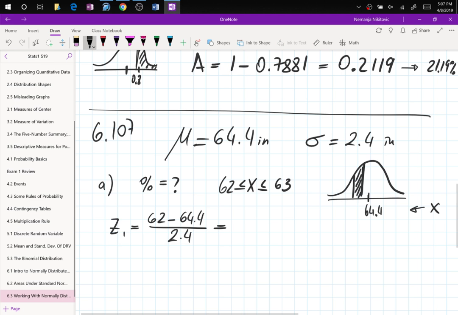And that's going to give us a number. So 62 minus 64.4 divided by 2.4 is -1. z2 is 63 minus 64.4 divided by 2.4, which is negative 1.4 divided by 2.4.